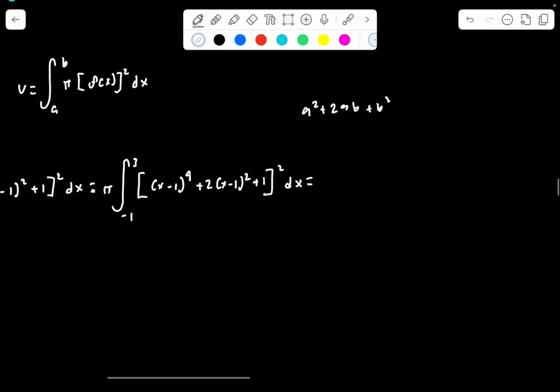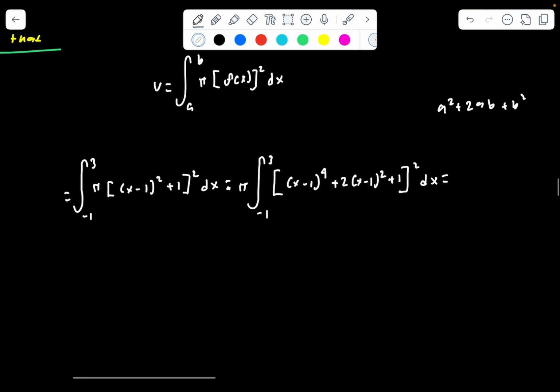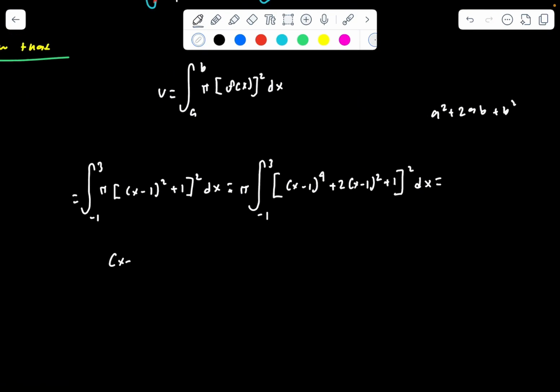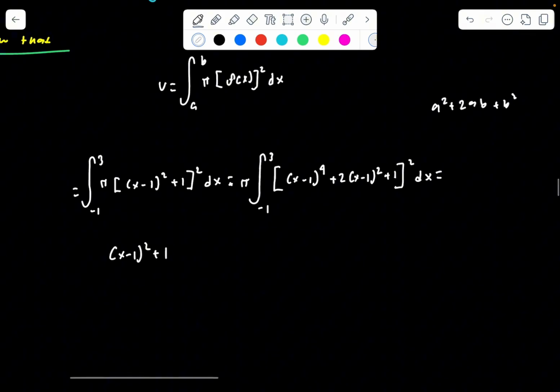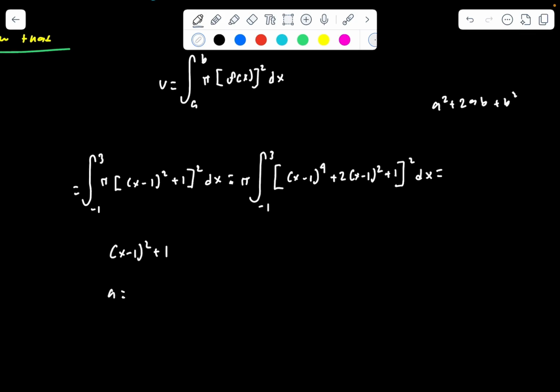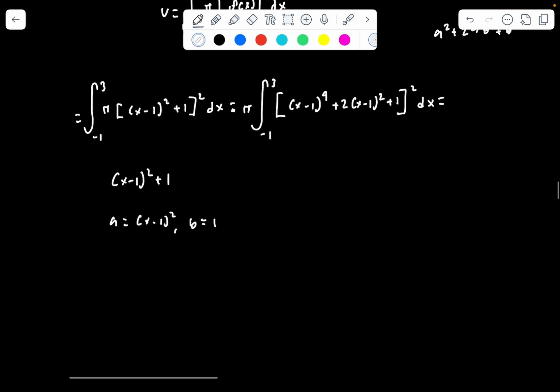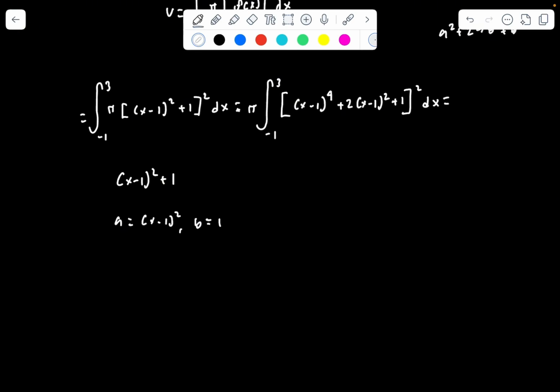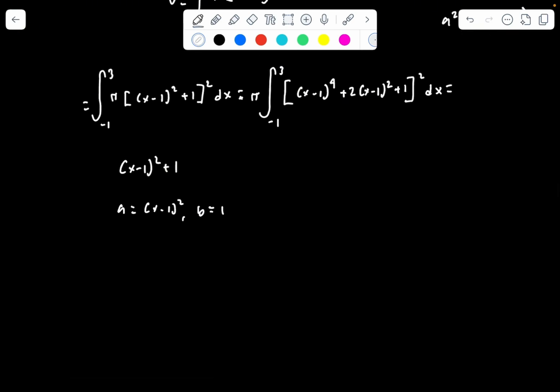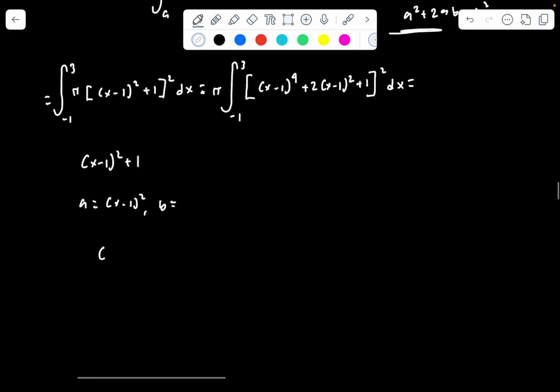So we have x minus 1 squared plus 1. If you want to set this up, a is equal to x minus 1 squared, and b is equal to 1, you can just go ahead and proceed after that. So that means that our a, and you can plug this into this equation here.